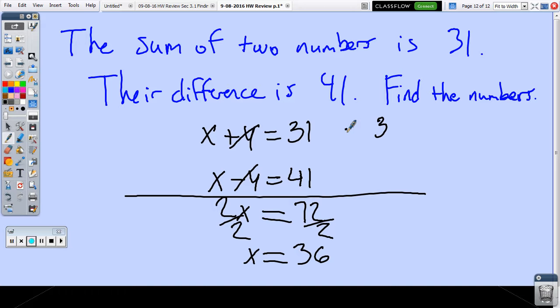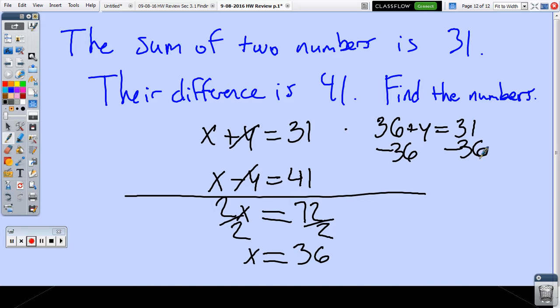So you just need to substitute whatever you have for x and solve for y. It shouldn't matter which one you pick. Now you're just solving for y. Minus 36. Nice.